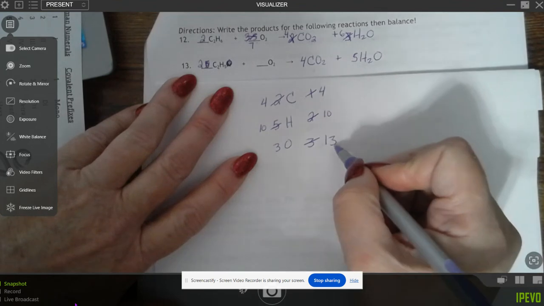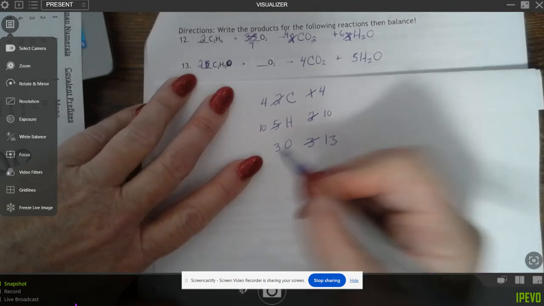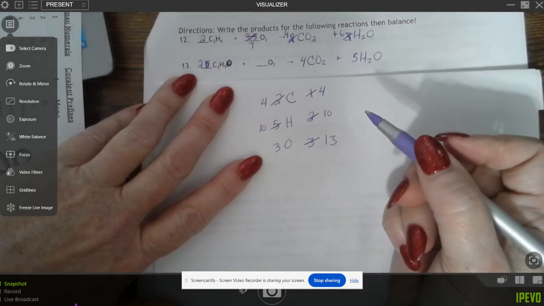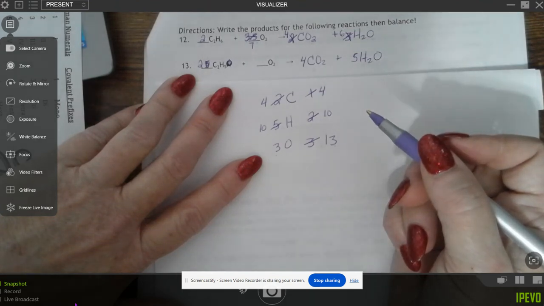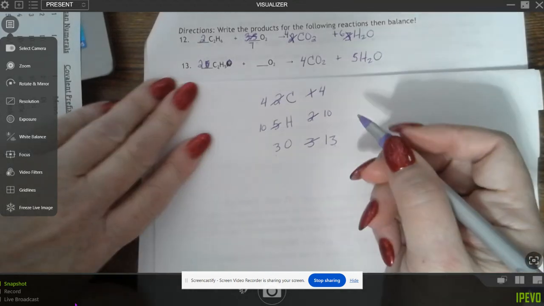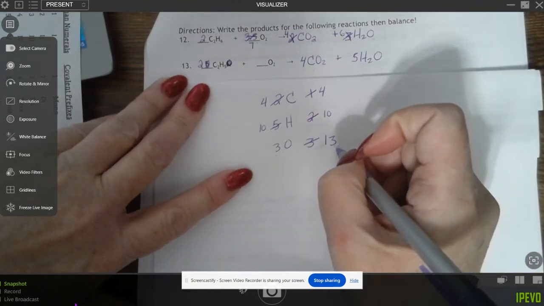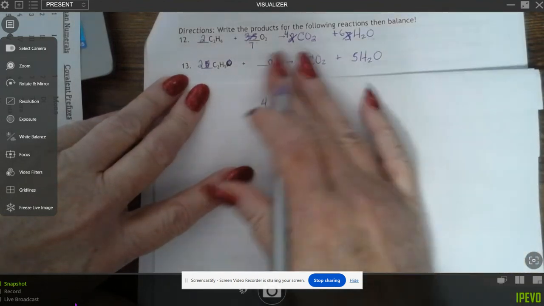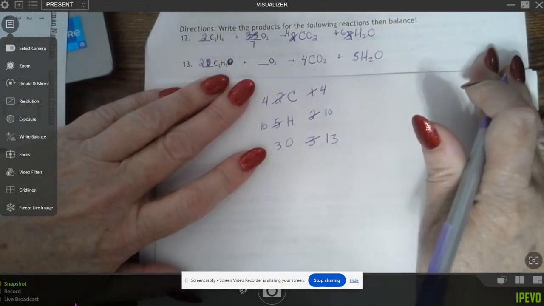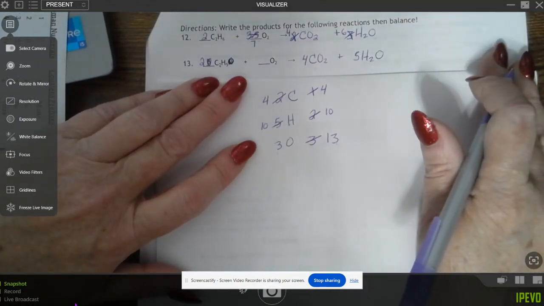All right, so 13 and 3, guess what? I'm not even sure if this one balances. Well, I'm just going to carry this through, guys, and we will see. This will show you what happens sometimes when you get to balancing these things.